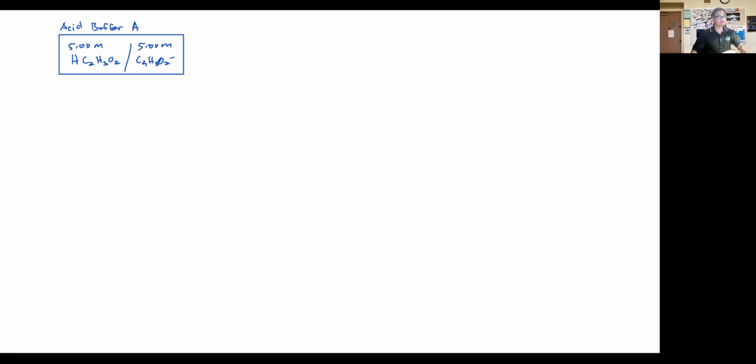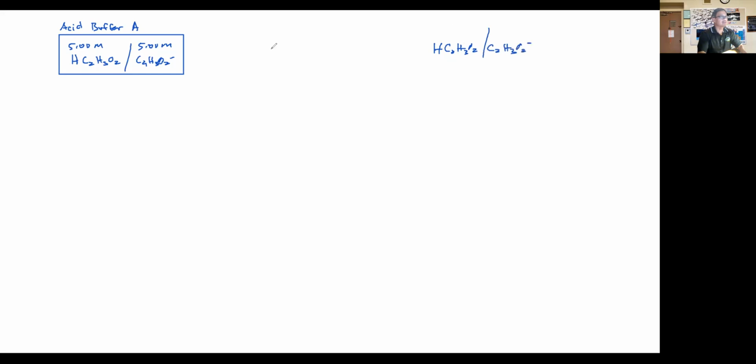Then we're going to compare this. Right next to it, I'm going to add the second buffering solution. The second buffering solution is also acetic acid, HC2H3O2, and the acetate anion again.